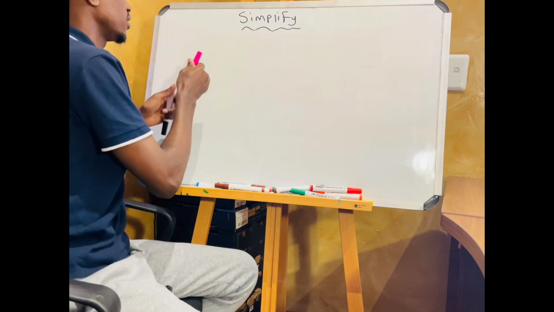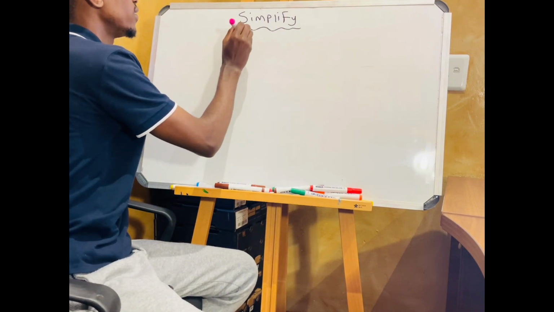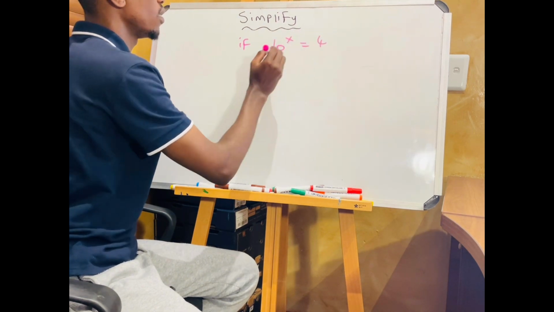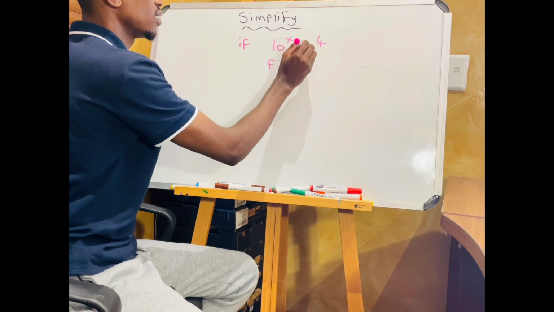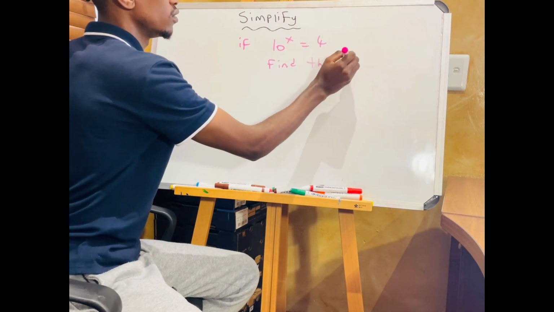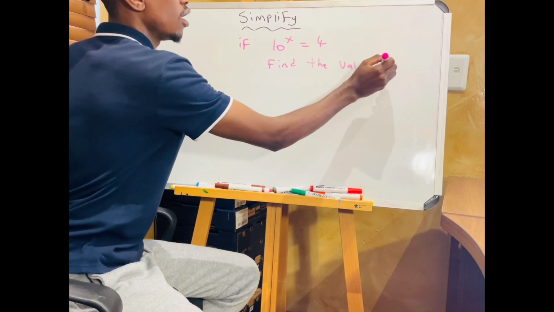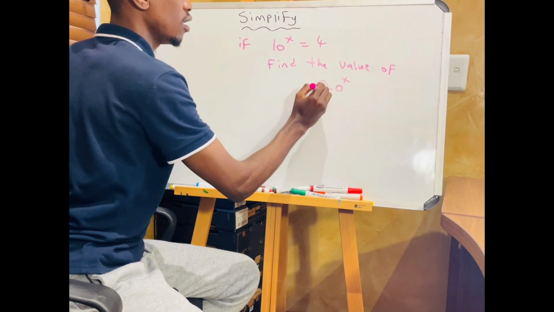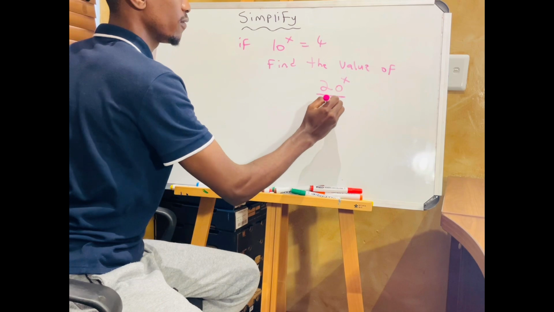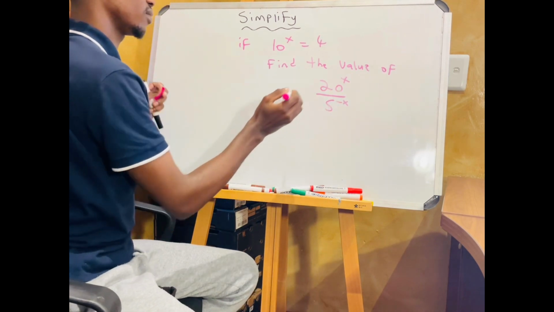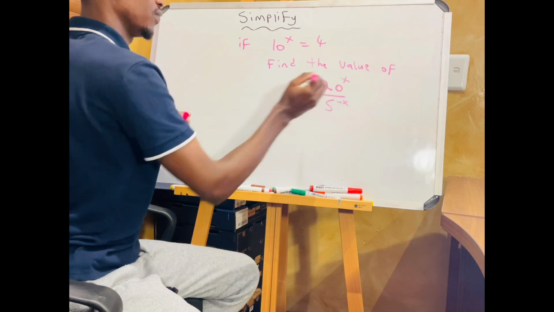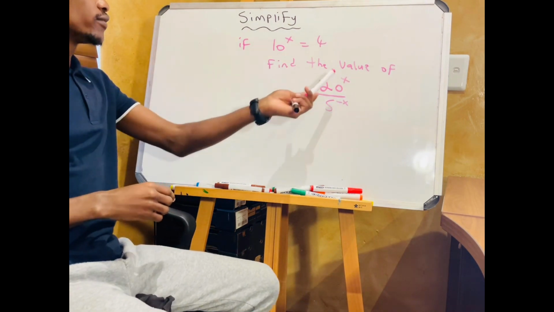What if they say, if 10 to the power x equals 4, find the value of 20 to the power x all over 5 to the power minus x. Now, find the value of this.